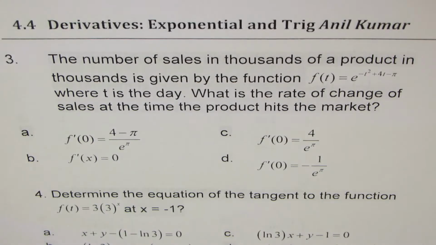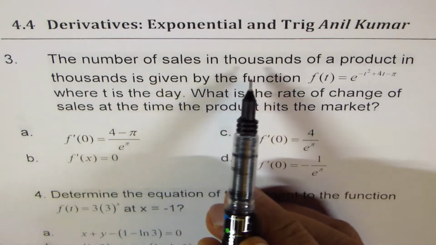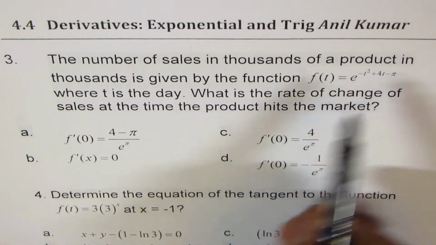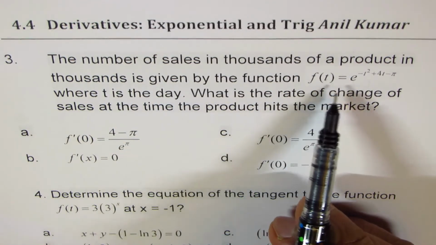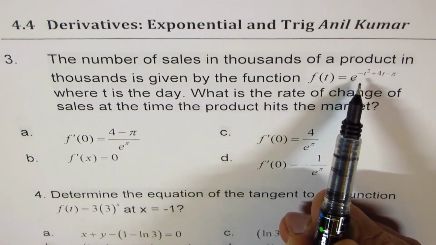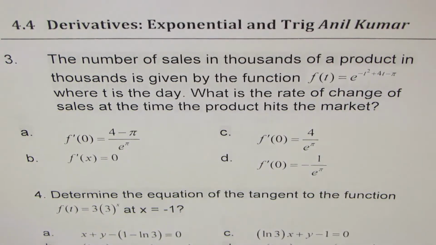Let's move on. There are 10 multiple choice questions. Question number 3 is: the number of sales in thousands of a product is given by the function f of t equals e to the power of minus t square plus 4t minus pi, where t is the day.